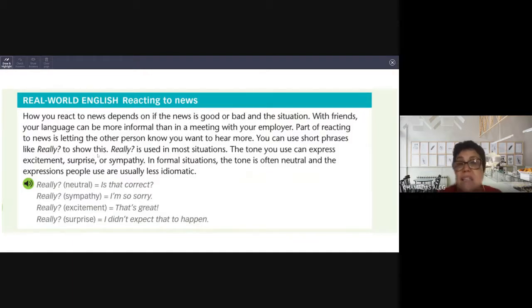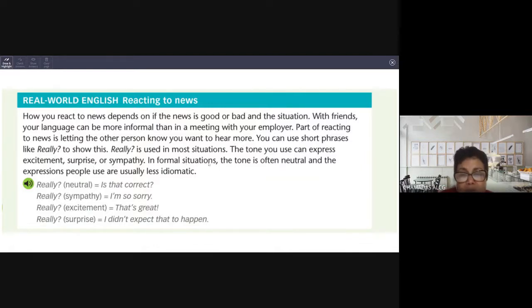Okay. The intonation depends on how relevant or how surprising the news is. So, to show this, really is used in most situations. The tone you use can express excitement, surprise, or sympathy.